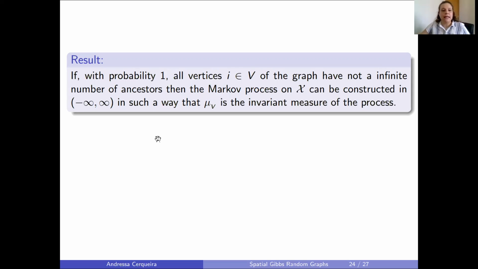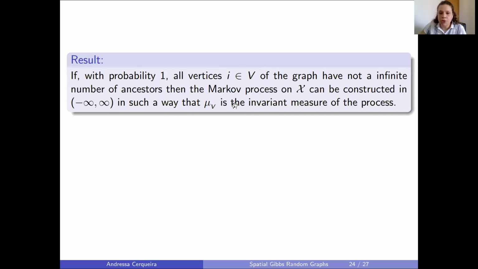So this result says that if, with probability 1, all vertices I belonging to V, where V here can be Z2, for example, if all vertices of the graph do not have an infinite number of ancestors, so they just have a finite number of ancestors, then we can construct the Markov process on the real line in such a way that the measure V is the invariant measure of this process.